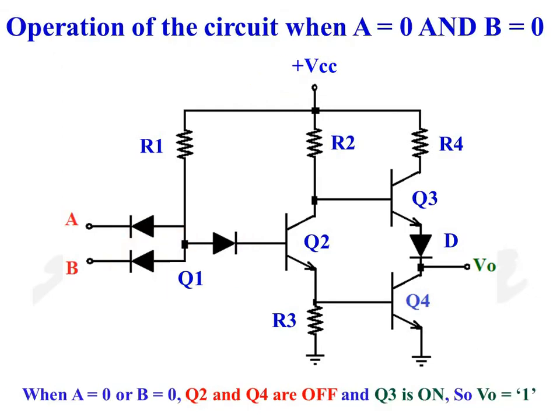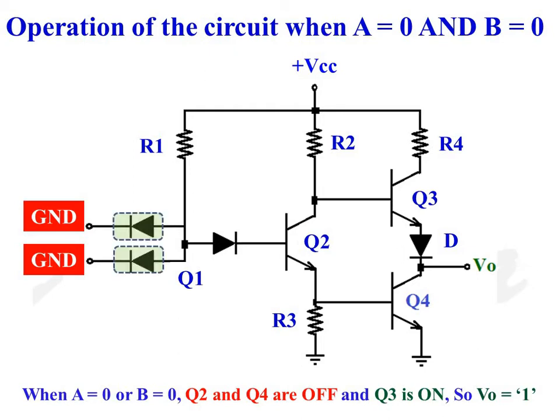Operation of the circuit when A is equal to 0 and B is equal to 0. When A is equal to 0 and B is equal to 0, the two base emitter junctions of transistor Q1 are in the forward biased condition. So current flows through these two PN junction diodes. Current flow through the collector base junction of the transistor is equal to 0 as the collector base junction is reverse biased.